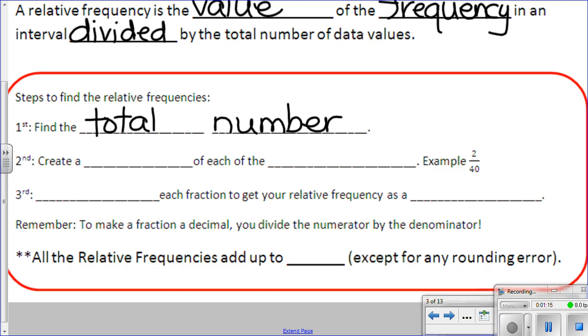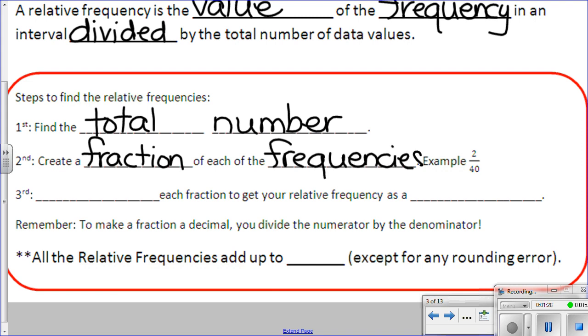Second, you'll create a fraction of each of the frequencies. An example I provided here for you was 2 over 40. That's a fraction. Third, you will divide each fraction to get your relative frequency as a decimal.